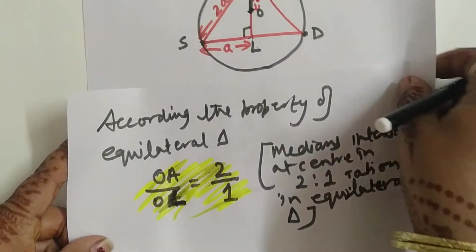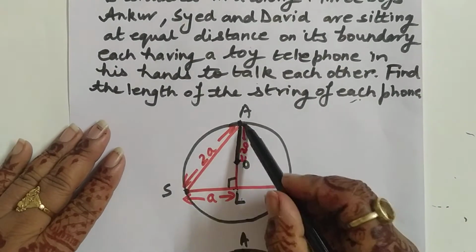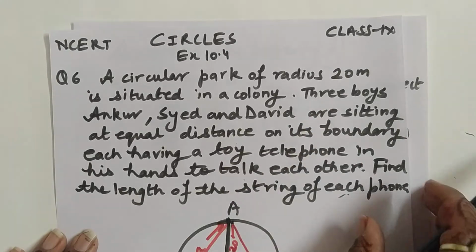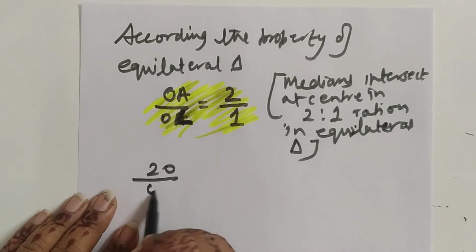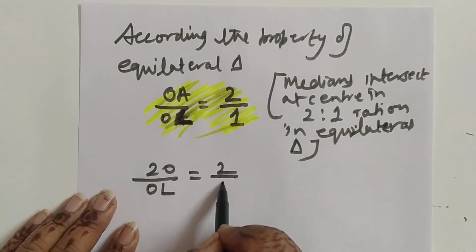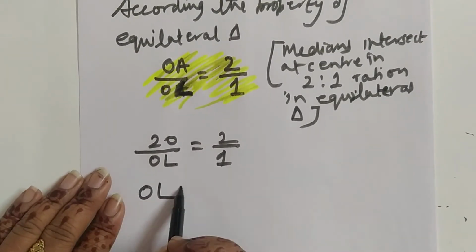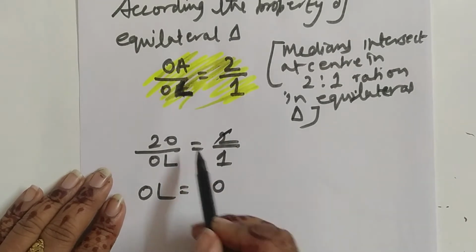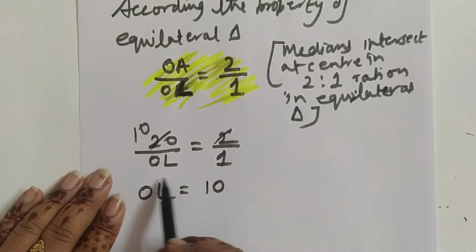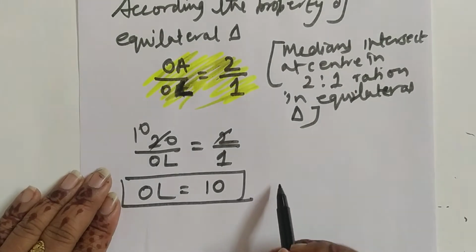OA हमें कितना दिया हुआ है, ये देखो OA हमें दिया हुआ है 20, that is the radii of the circular part. So 20 upon OL is equal to 2/1. So OL is equal to 10. Okay, 2 से cancel हो जाएगा 10 and by cross multiplication we have got OL is equal to 10.